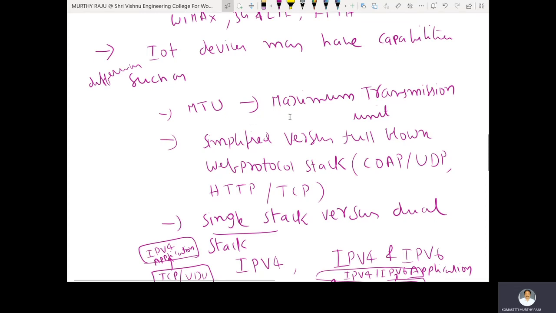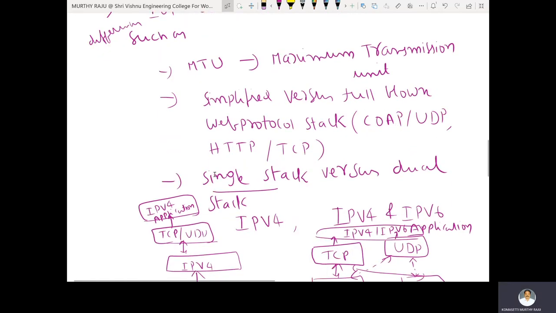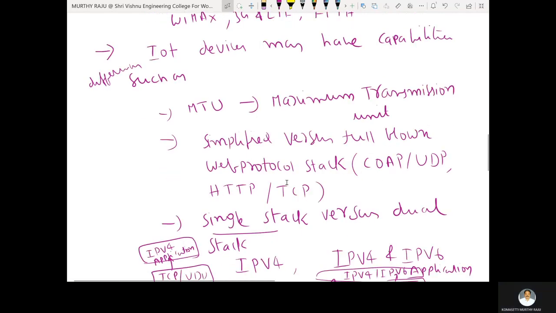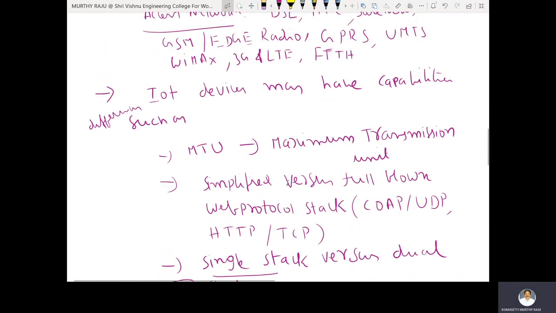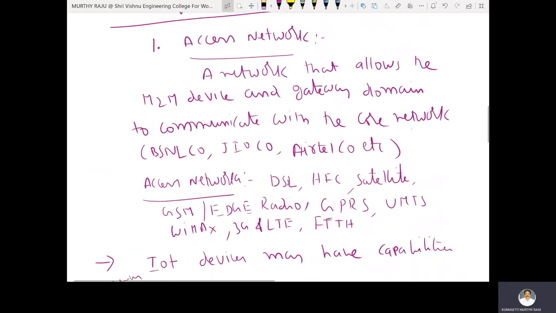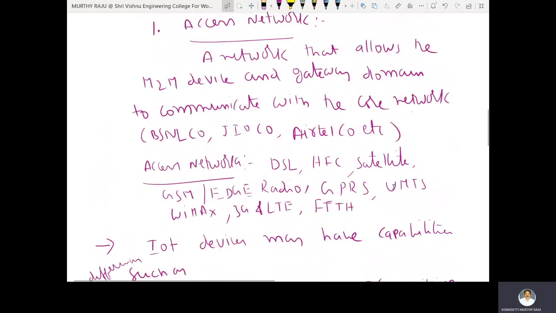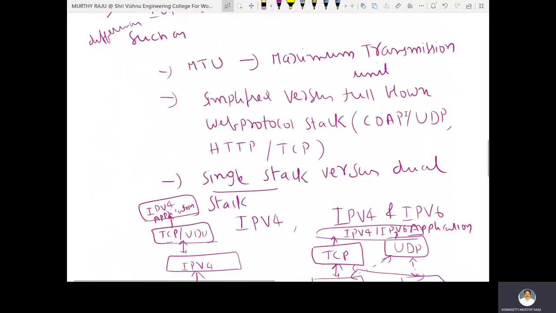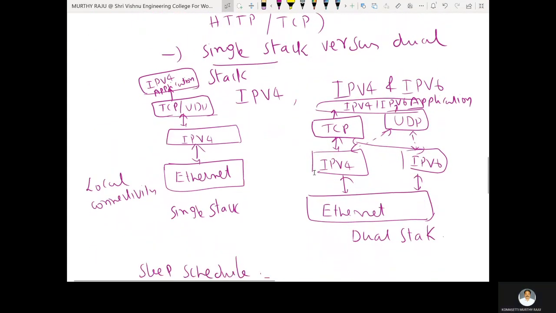More data means maximum transmission unit. Protocol stacks are also very important. A protocol stack is used to connect the devices locally and globally. Some protocols are simplified in the original protocol stack. In IoT applications, we add some more protocols. That is called simplified versus full blown web protocol stack.